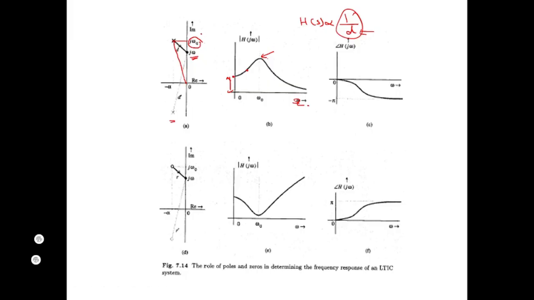And thereafter, as this point moves towards infinity, what is happening to the d? It is increasing. So what will happen to the H(s)? See, it is decreasing. Okay. So what kind of filter is it?